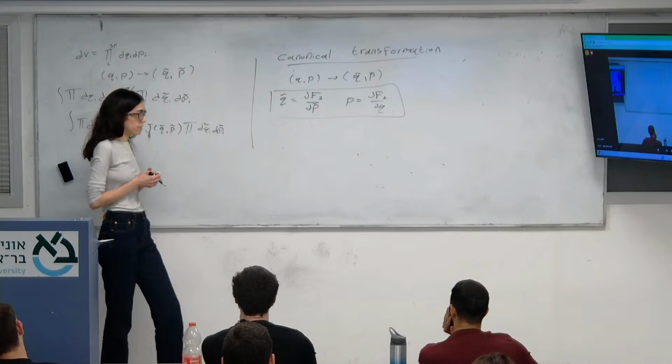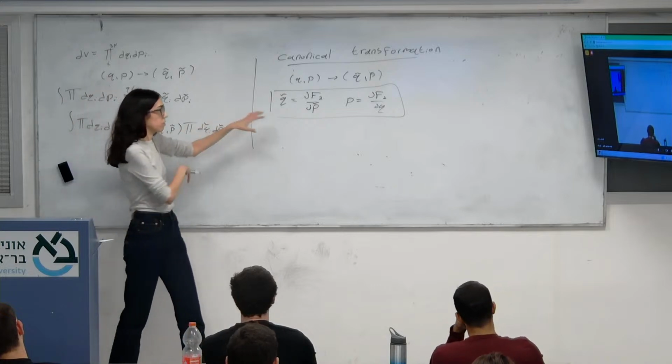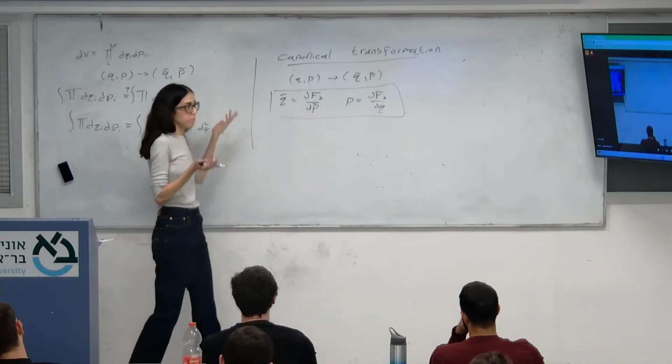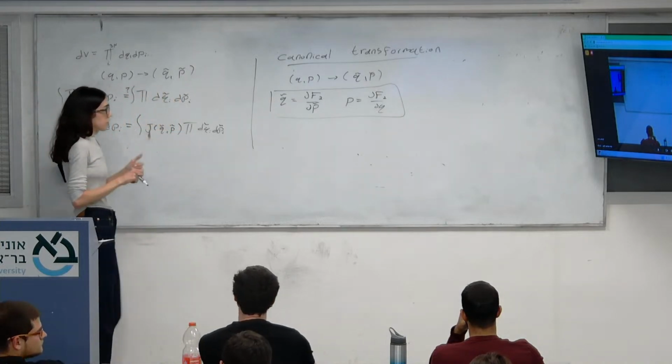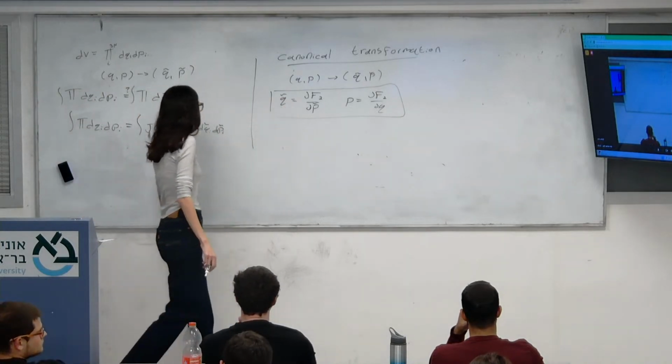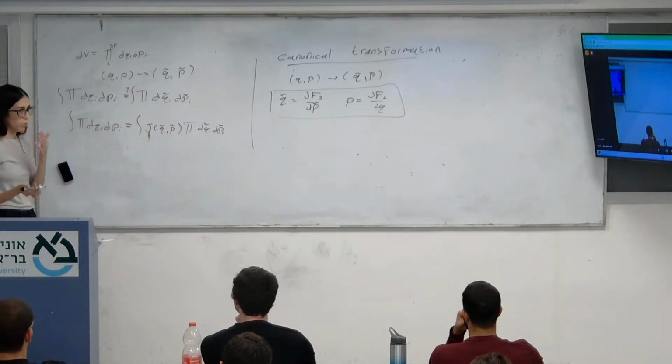It's just the variables that you use. So this is maybe a bit more intuitive. So this is a canonical transformation. It gives us a connection between the coordinates.